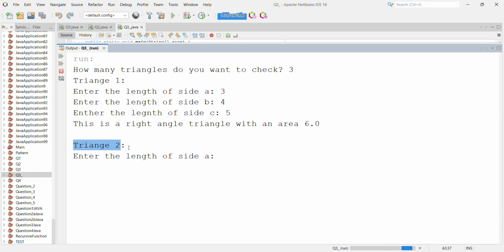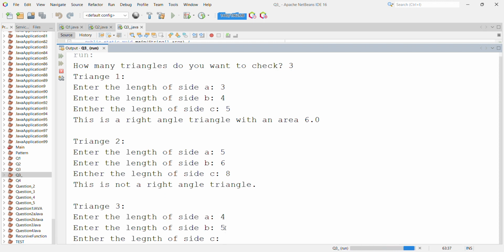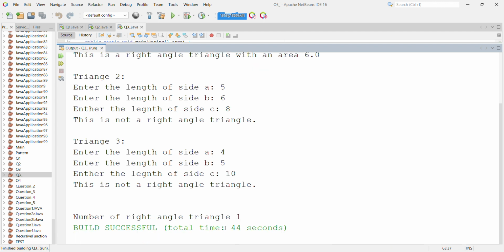Second triangle, A is 5, B is 6, C is 8, and the final triangle, triangle 3, A is 4, B is 5, C is 10.